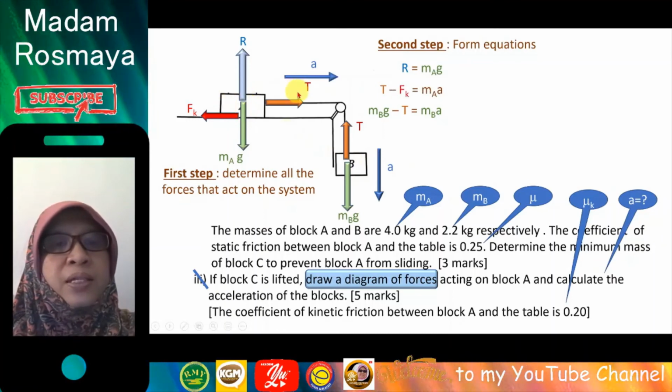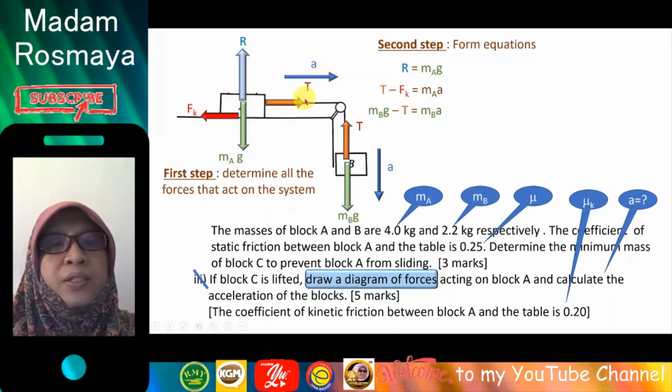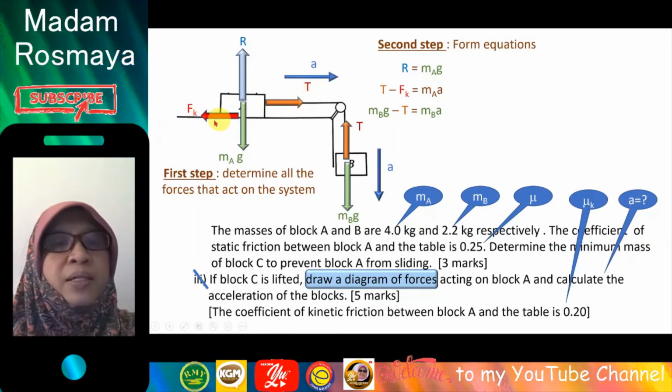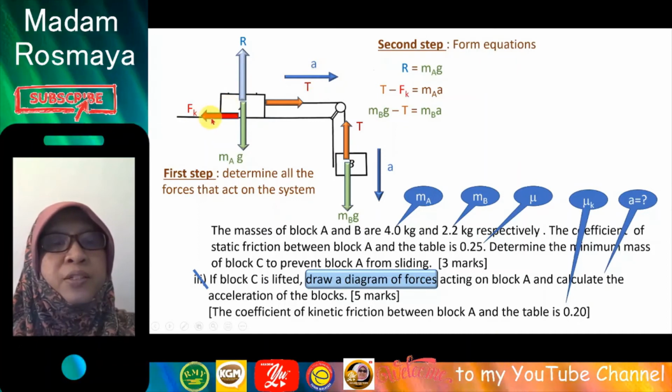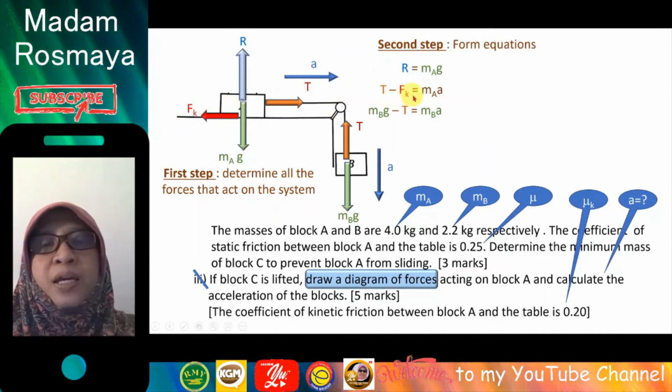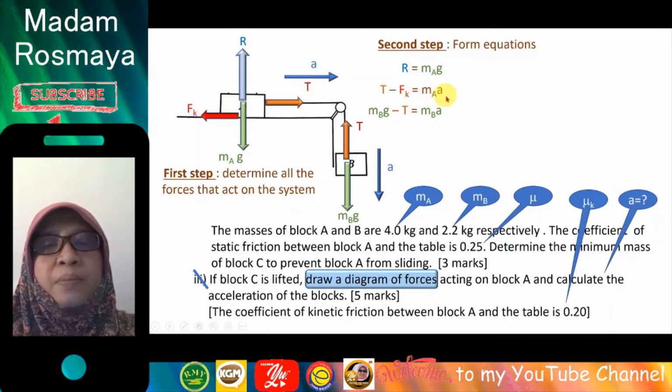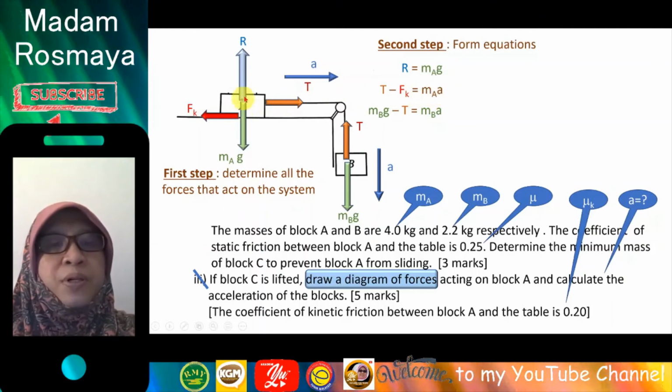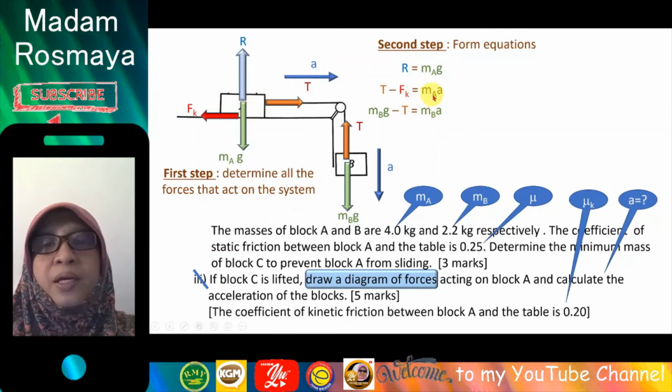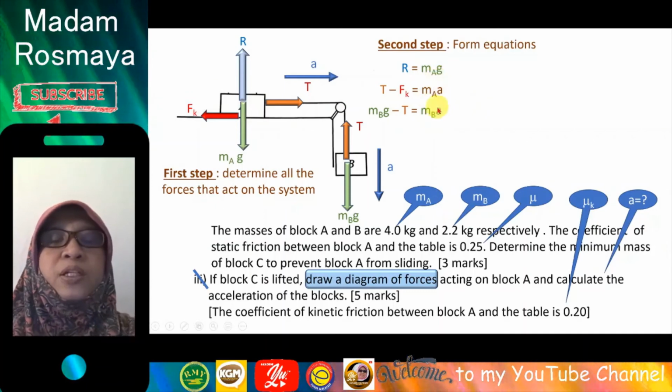The direction of A is this way, so T is positive. So T minus FK, because FK is opposite to the direction of A. So T minus FK equals MAA, where the M here involves block A. So we form three equations.